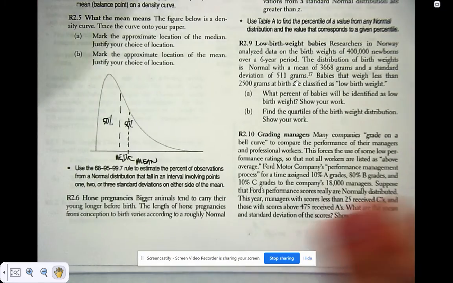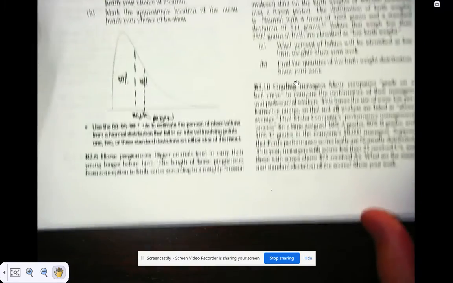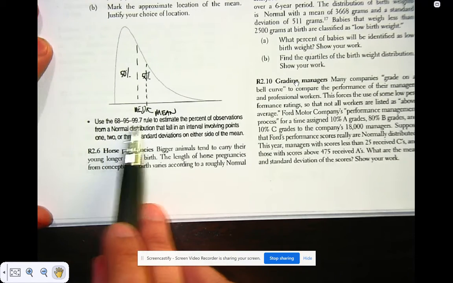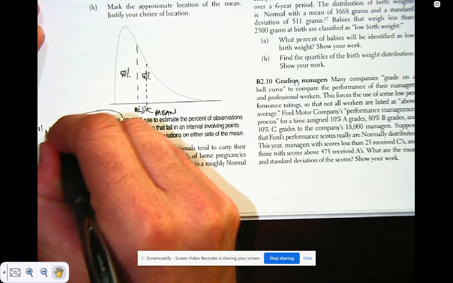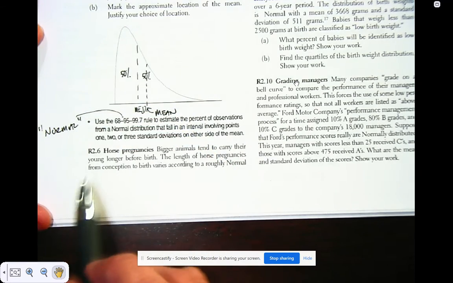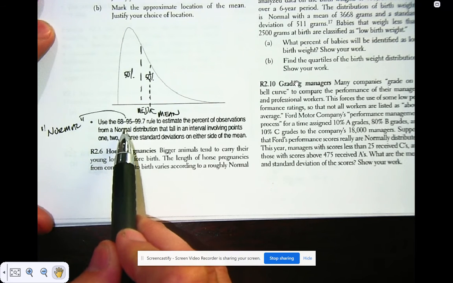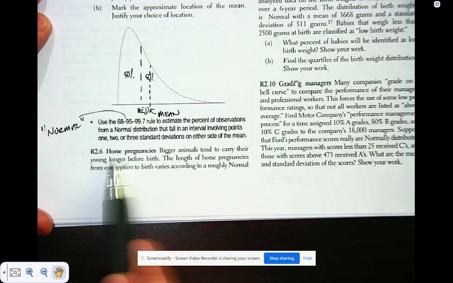Okay, so then we jump into really the heart of section 2.2. And this 68, 95, 99.7 rule, this happens when you use the word normal, not standard normal, right? Standard normal is z-scores. So this is just a rule for any set of data that's normally distributed. So it's talking about horse pregnancies. Bigger animals tend to carry their young longer.